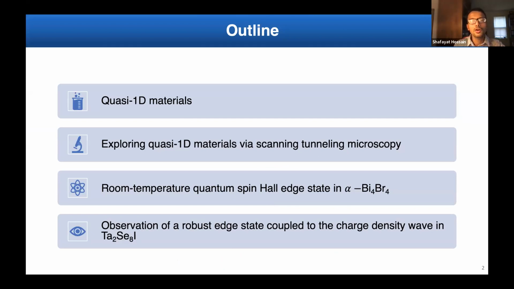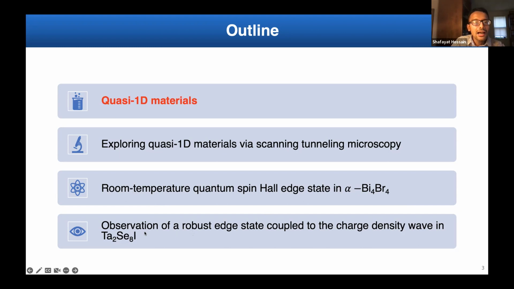I will talk about some quasi-1D materials that interested us to start our STM explorations and how we measure these materials in STM. Then two results: one on the quantum spin Hall edge state at room temperature observed in alpha bismuth bromide, and if time permits, an edge state in a charge density wave compound in another quasi-1D material, tantalum selenium iodide.